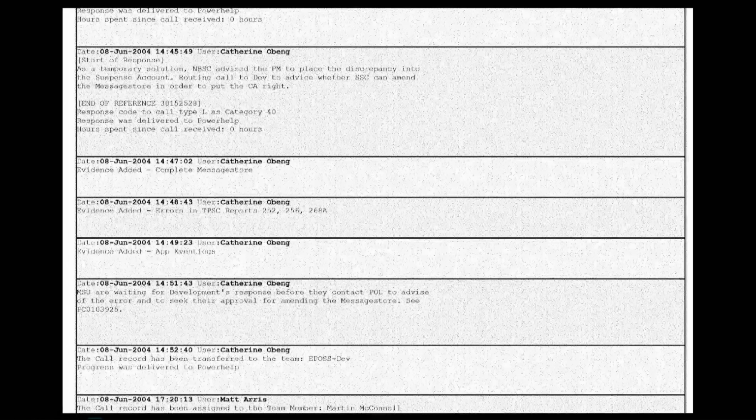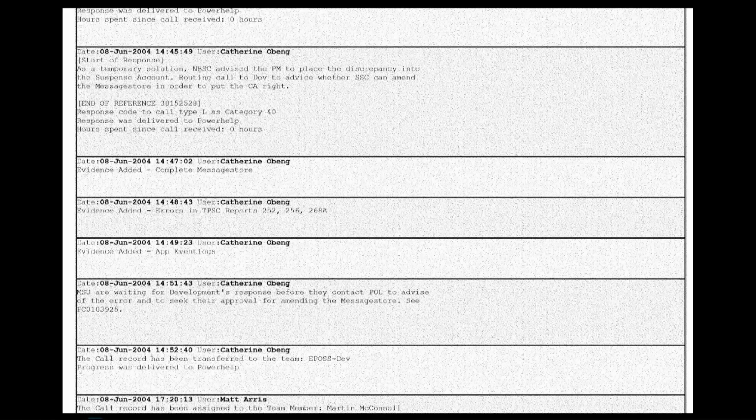If you zoom in and just go to the entry starting 8th of June at 14:45:49, thank you. I just wondered if there had been any other information, any events or anything that gave any more of a clue as to why the problem had occurred, but I can't see anything else that's being recorded on there.